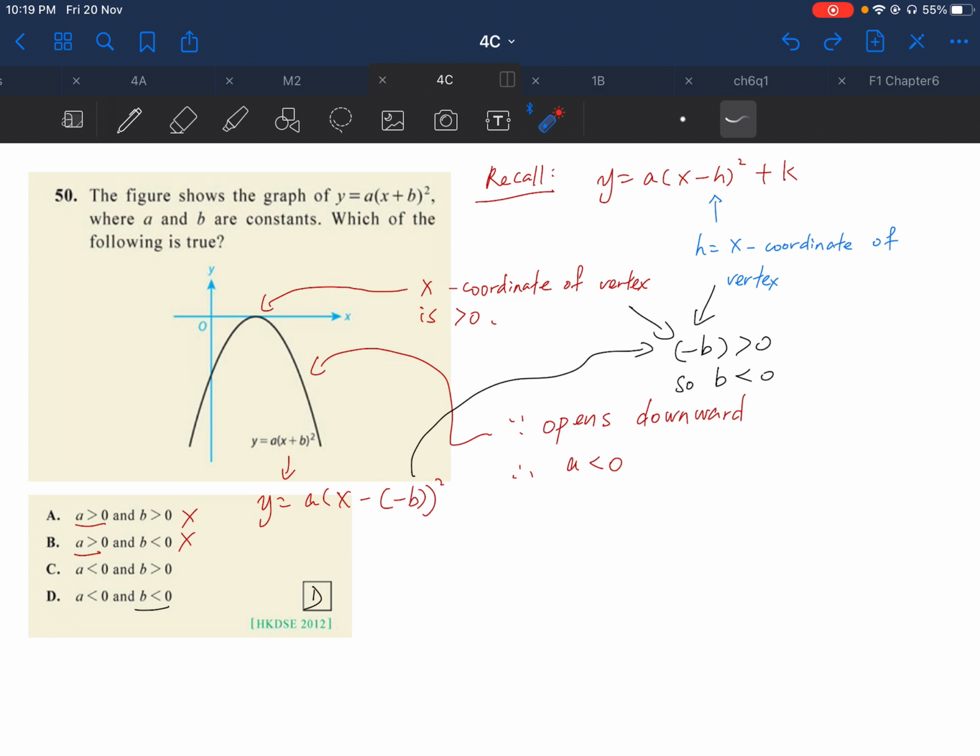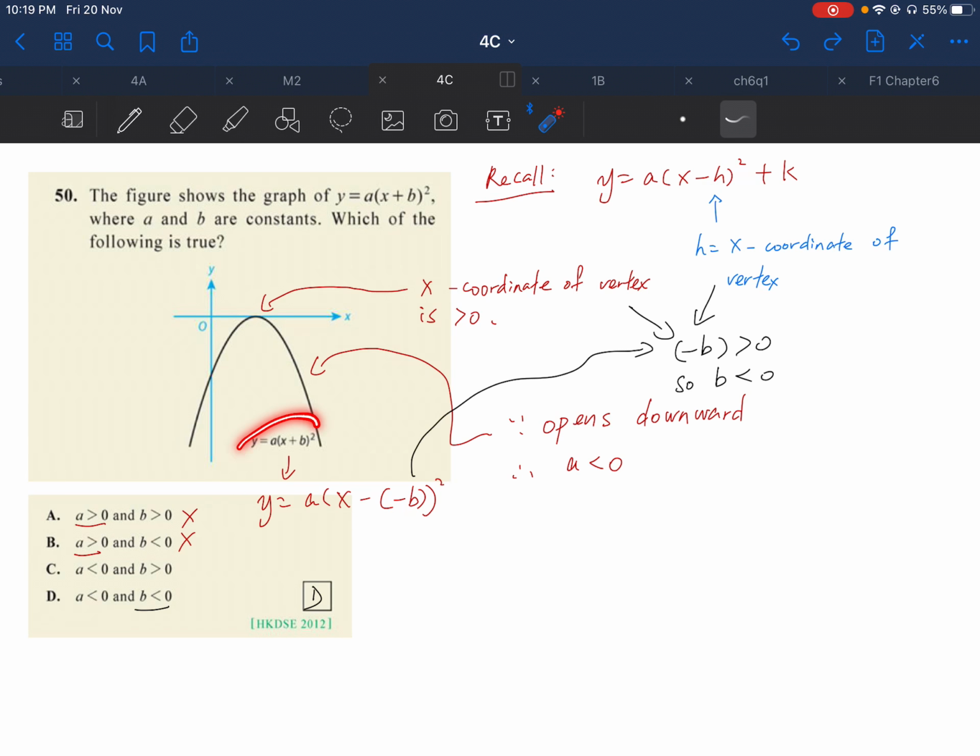So recall the vertex form. If we have the equation like this, then h is the x-coordinate of the vertex. Since the x-coordinate of the vertex lies on the positive x-axis, it's positive.